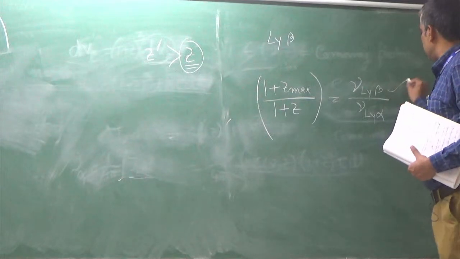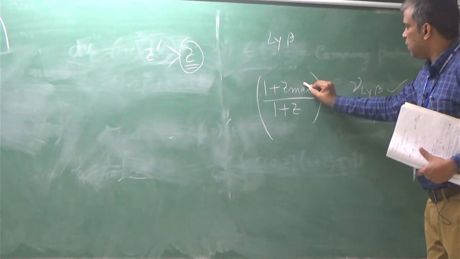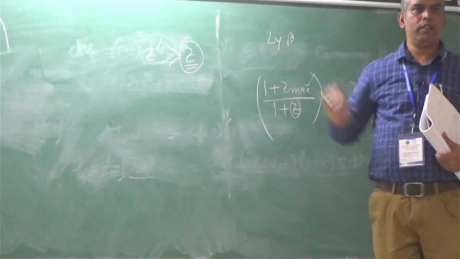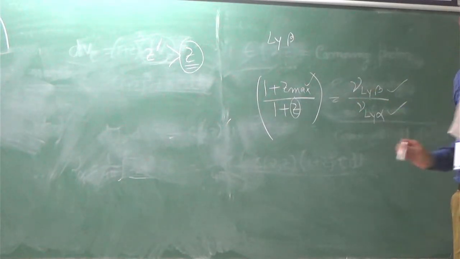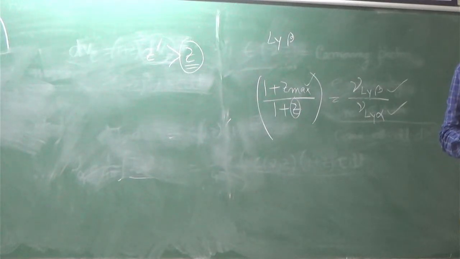So we know the frequencies, we can easily calculate z max given z. So we need to integrate up to z max. From this equation we can calculate it. Fine? Is it fine to everyone?